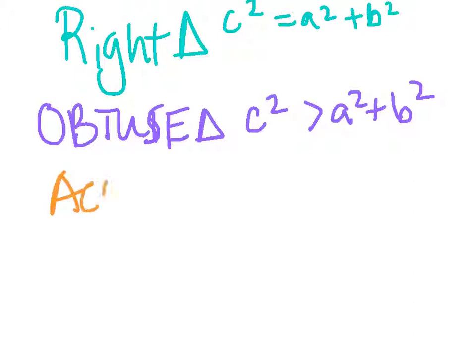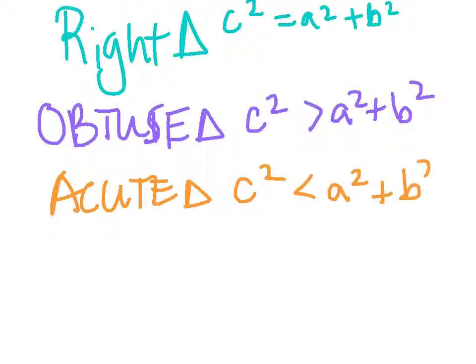And if you have an acute triangle, then the square of the largest side is going to be less than the sum of the squares of the other two sides. And how do we make a triangle?